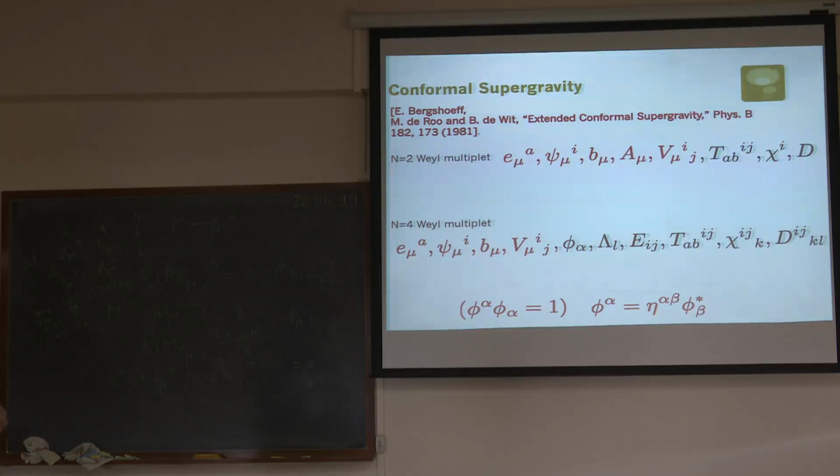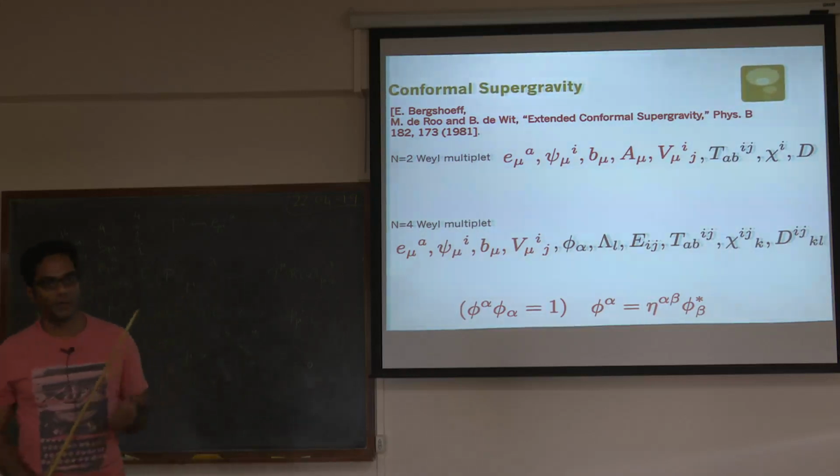So, the number of components will go up. Like here, in n equal to 2, what you will get is a 24 plus 24 Weyl multiplet.